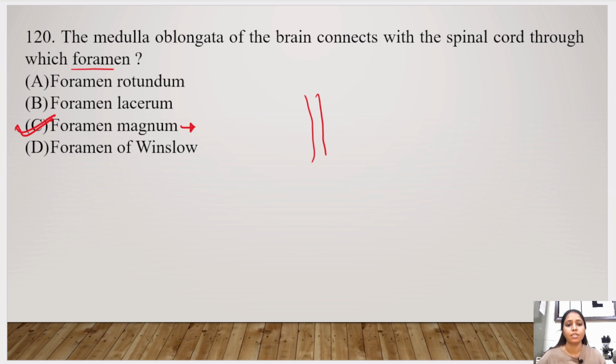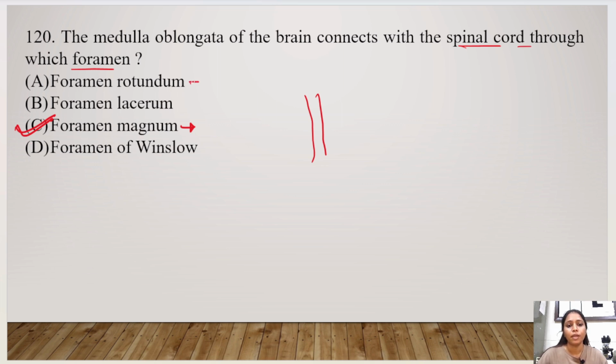The foramen magnum transmits the medulla oblongata as well as vertebral arteries, some spinal accessory nerves, and meninges. So these are transmitted by the foramen magnum through the skull to the spinal cord. So option C is correct.